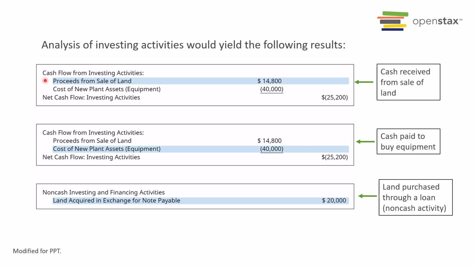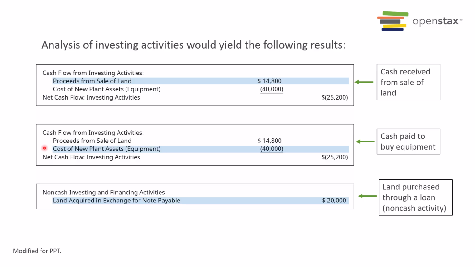So any funds coming in, we want to list what we sold that for. Right? So the whole amount. In this case, they sold land for $14,800. So take the whole amount that you got from selling any of your property, plant, and equipment.